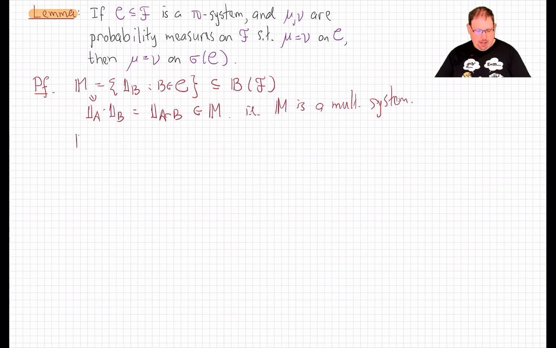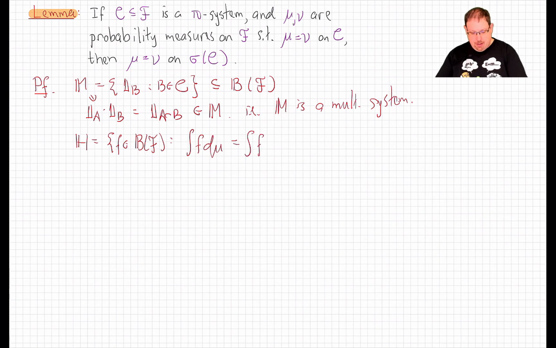Now, let's define H to be the set of all bounded measurable functions with the property that we want, that the integral of f d mu is equal to the integral of f d nu. In particular, if f is the indicator function of an element of C, then this property holds by assumption.